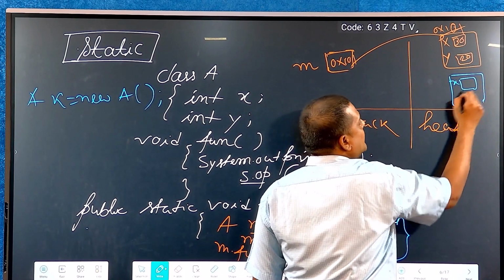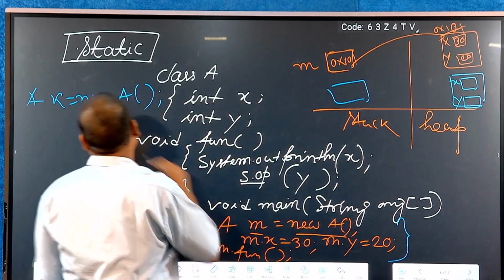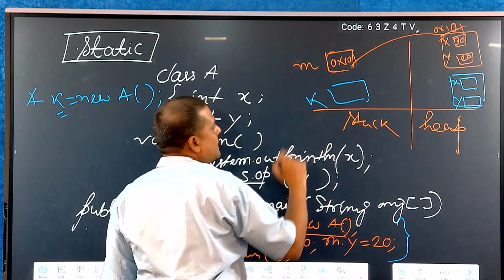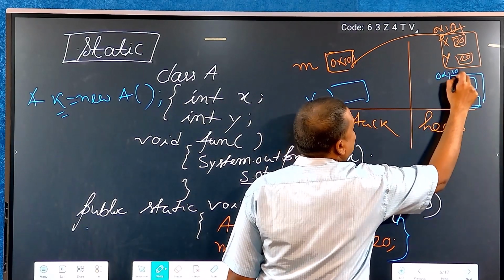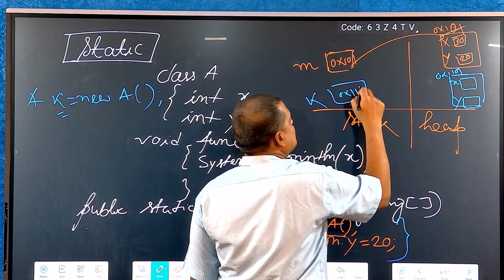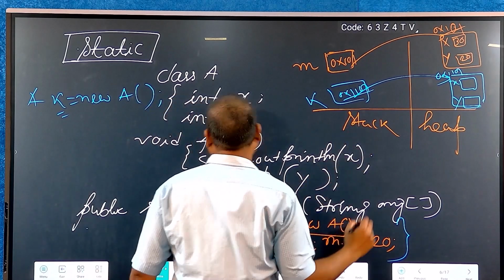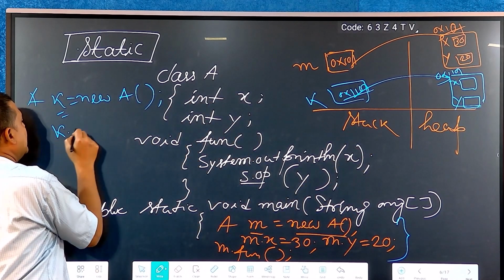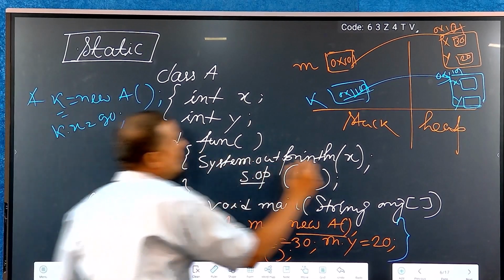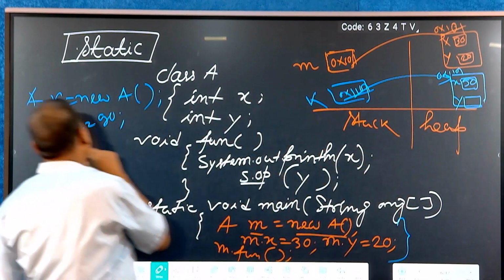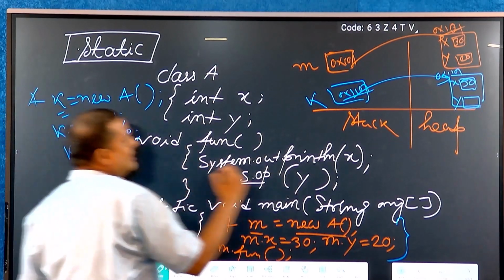Here x will be there, here y will be there, and a new variable k will have the base address, say 0x1101, a hexadecimal address. Now if I assign k dot x equal 90, then 90 will be allocated here, and k dot y equal 100, so 100 will be allocated here.